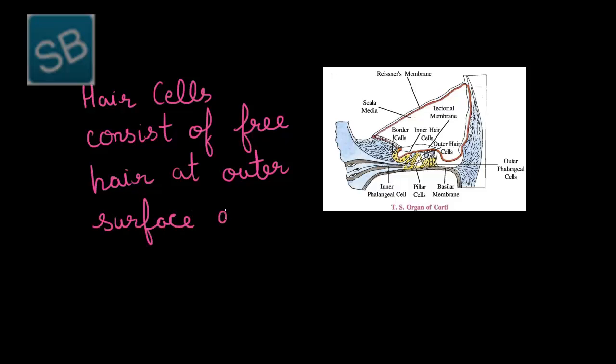Now these hair cells which are present in the organ of Corti possess free hairs at its outer surface and the inner surface is bound to the dendrites of the nerve cell.